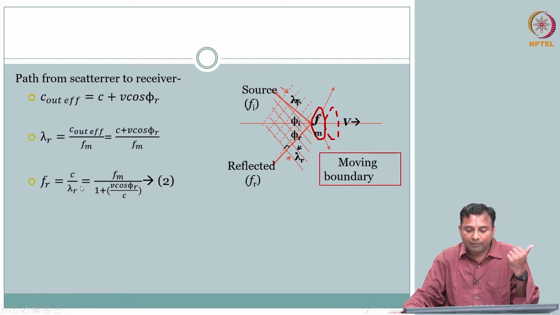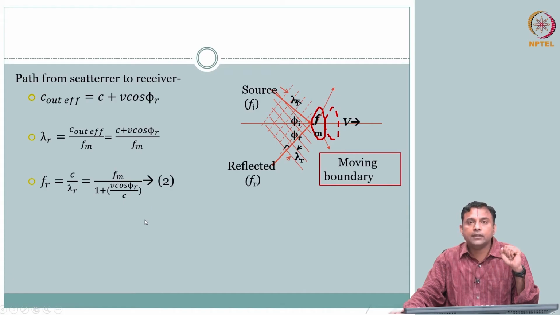Fr is c by lambda r, but then I can substitute for my lambda r, right? If I substitute for my lambda r, and then here there is a c, right? There is a c here. So you can make that 1 plus v cos phi r by c. This becomes your second equation.